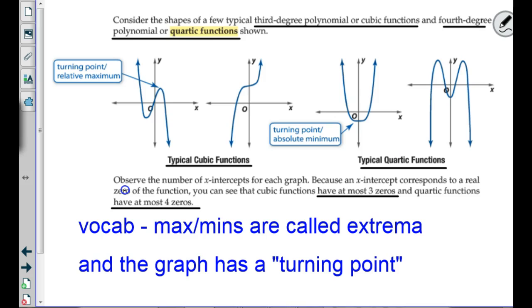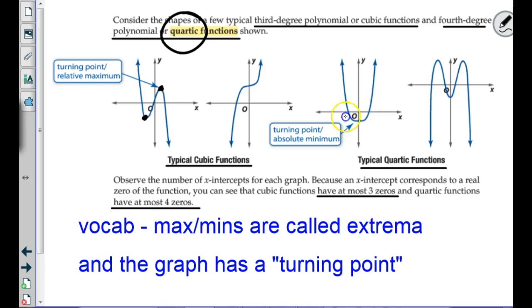All right. Now, real quick, when you have degree 3 or cubic polynomials, and we've also been talking a lot about degree 4, which are also called quartic. Degree 3 can have no maxes and mins, or it could have one max and one min, or what are called 2 turning points.